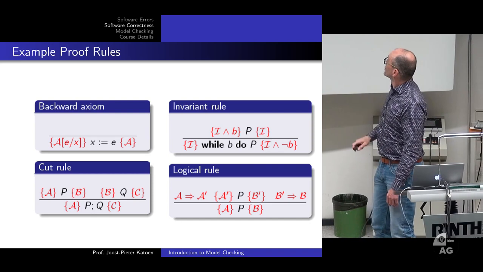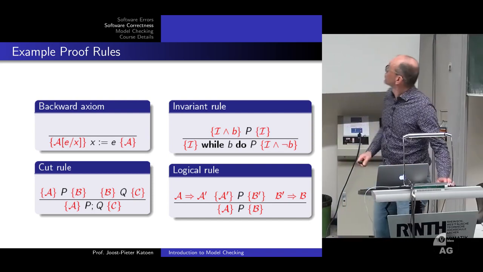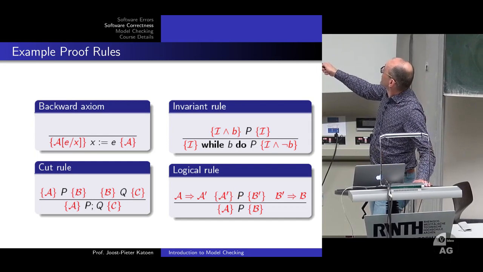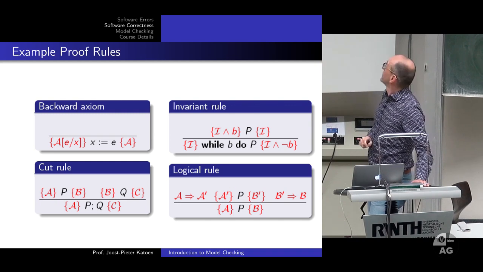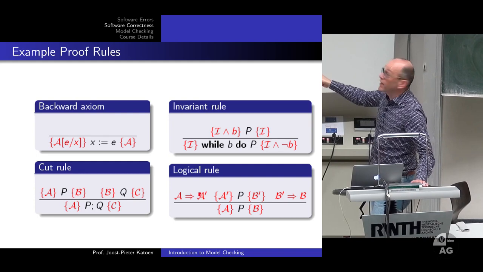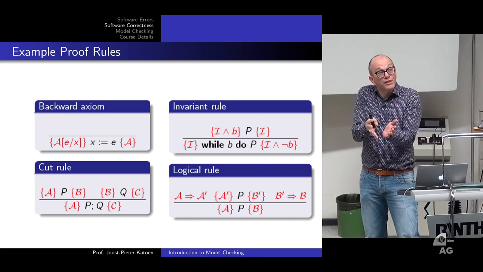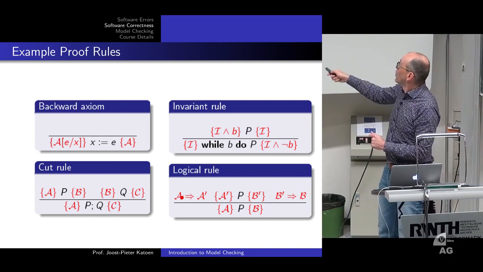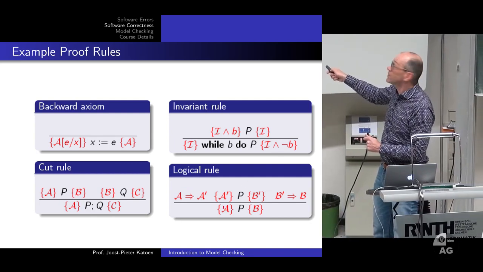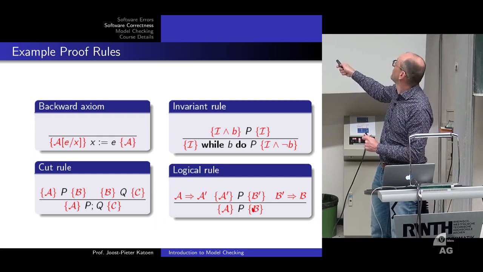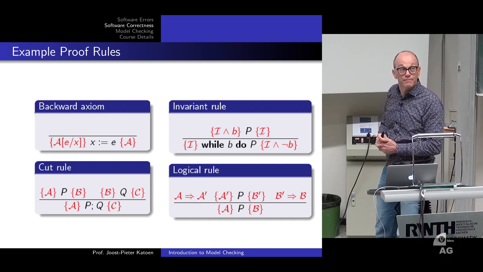And of course, you also have logical rules that say, for instance, if I know that P starting in a state satisfying A prime will terminate and then establishes B prime, and suppose I can prove that A implies A prime, then I can replace this A prime by A. Because I know that for every state A prime it starts with, it will establish B prime, then of course if A implies A prime, then also for every state where it starts in A, it will establish in the end B prime, but if B prime implies B, I can also put B there.